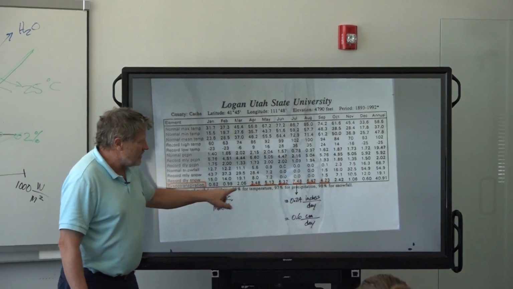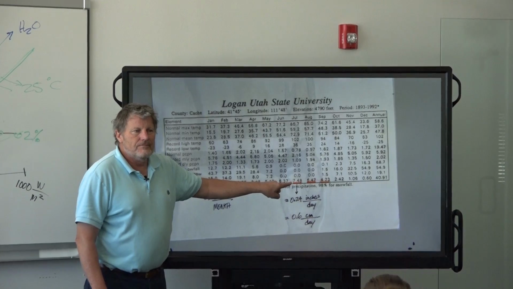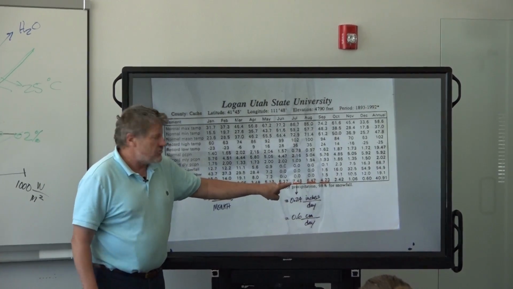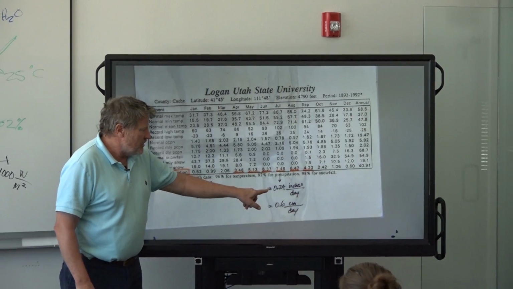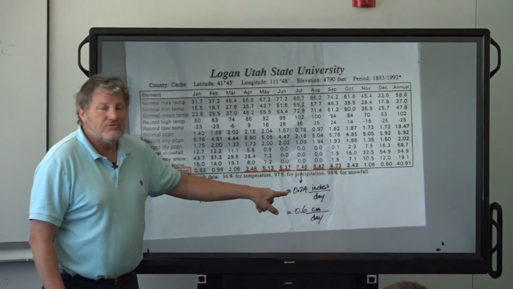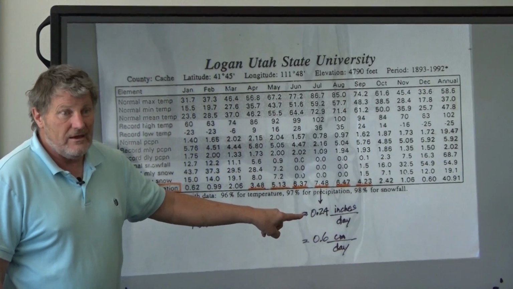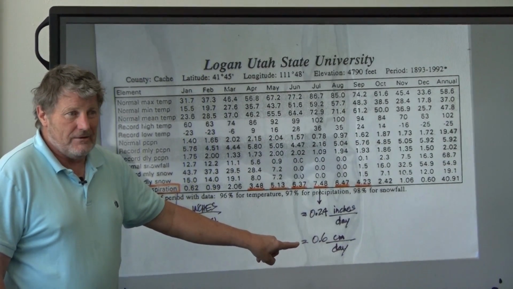Now we're going to take the highest transpiration month of the year, 7.48 inches. This is per month, and that is 0.24 inches per day. It's 0.6 centimeters a day.